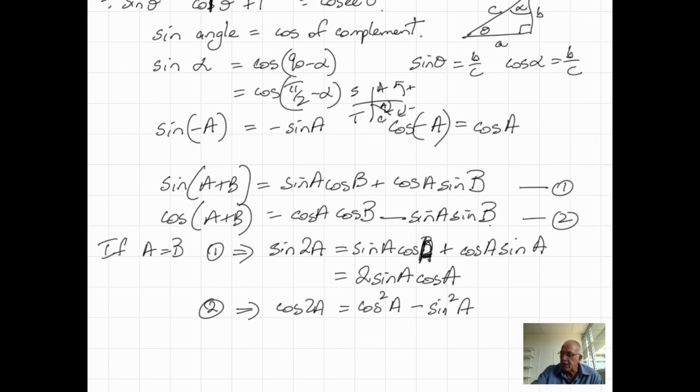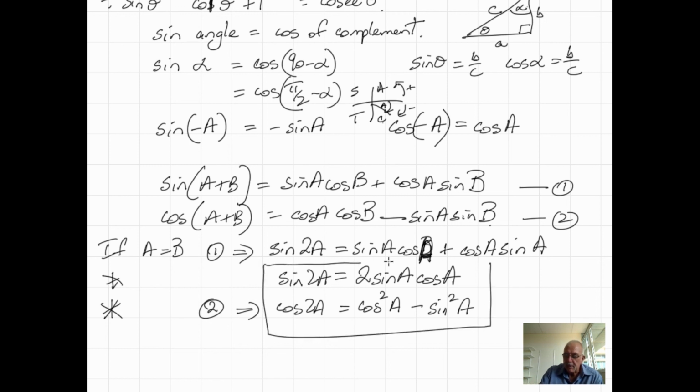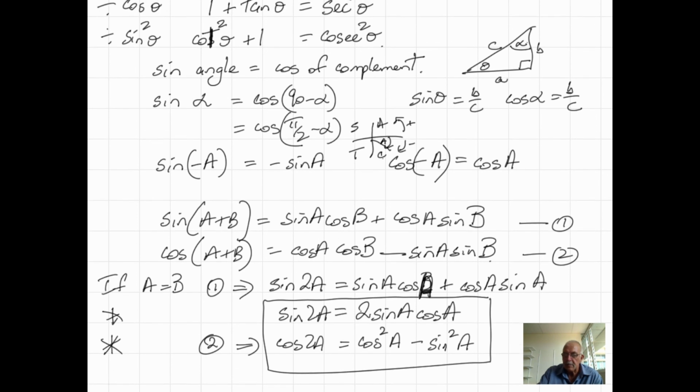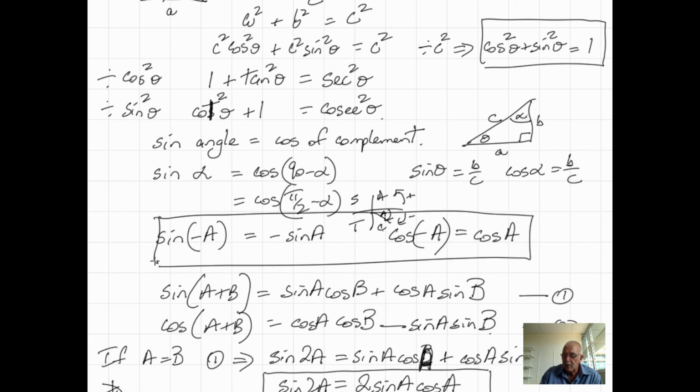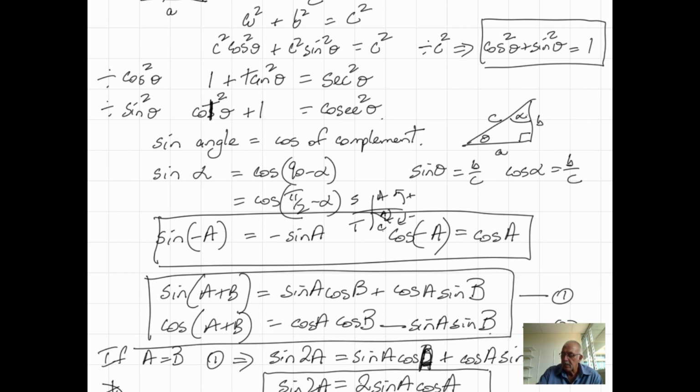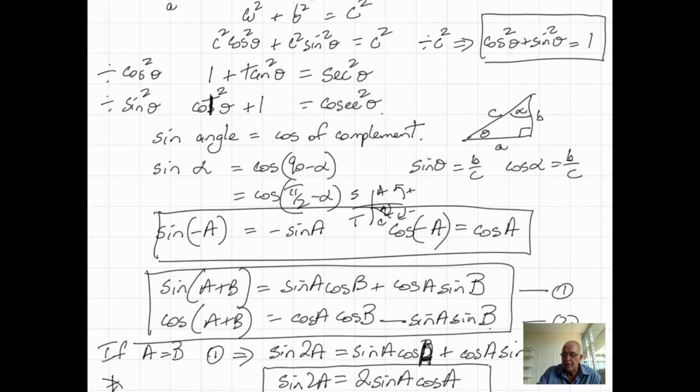So let's just go through. This is one you need to know, this one here also, so we'll write sine 2A there. Those two we need to memorise, these two here need to be committed to memory.